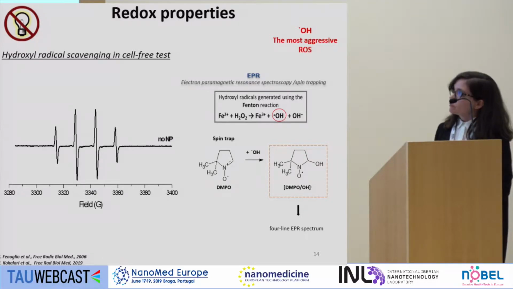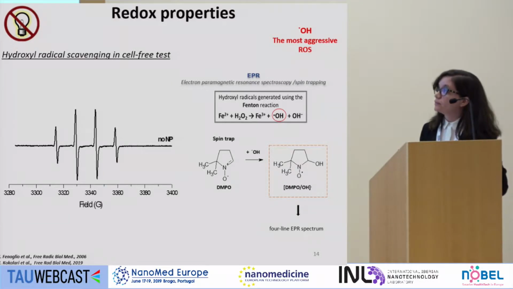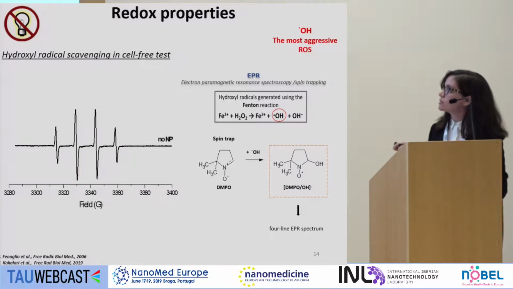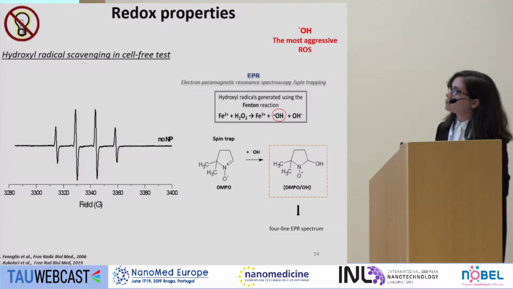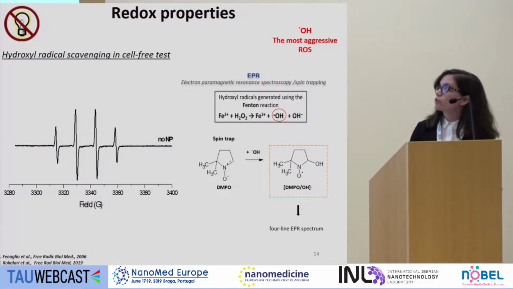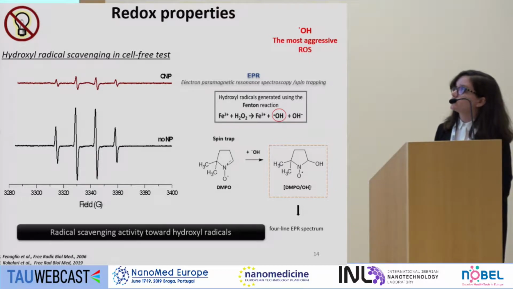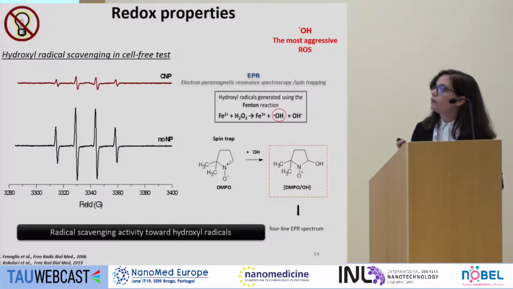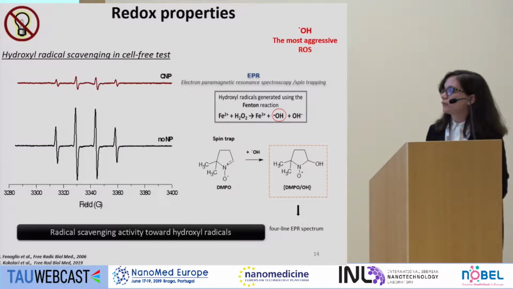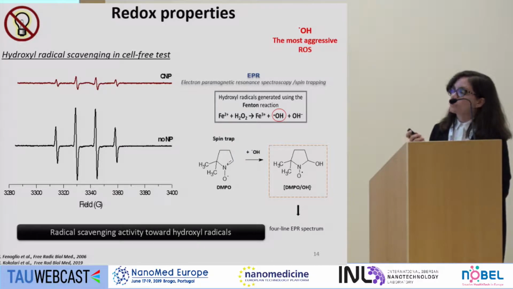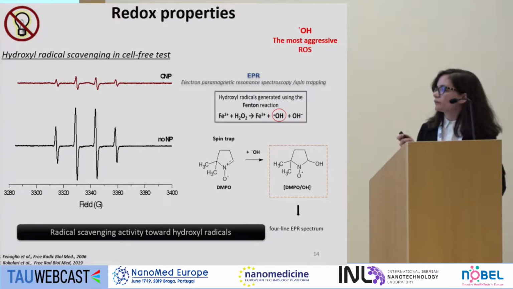In the absence of nanoparticles, we have an intense 4-line EPR spectrum, which is characteristic of the adduct between the DMPO and the hydroxyl radicals. The experiment was performed under the same conditions, but in the presence of nanoparticles, and we observed a dramatic decrease in the intensity of the signal, which is related to the radical scavenging activity of our carbon nanoparticles toward hydroxyl radicals.